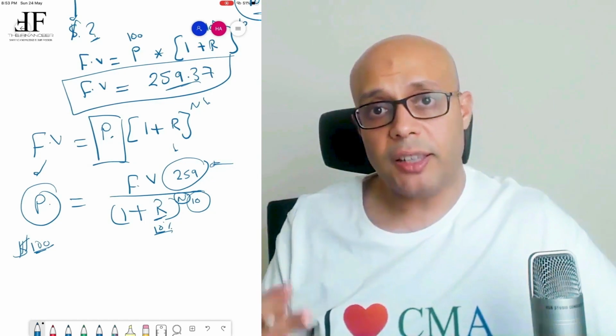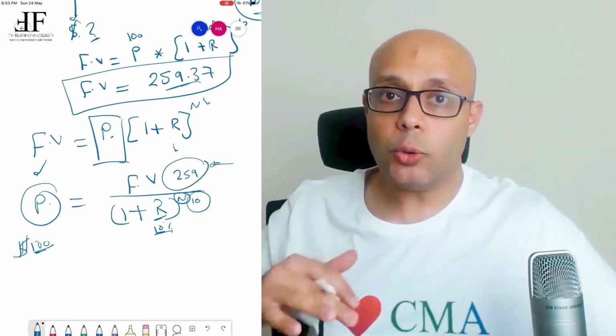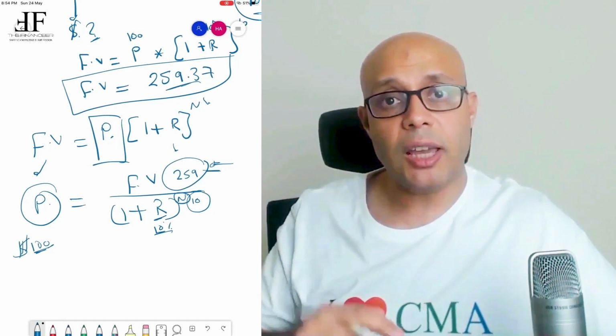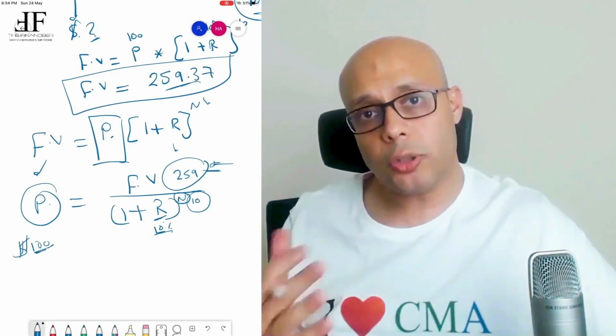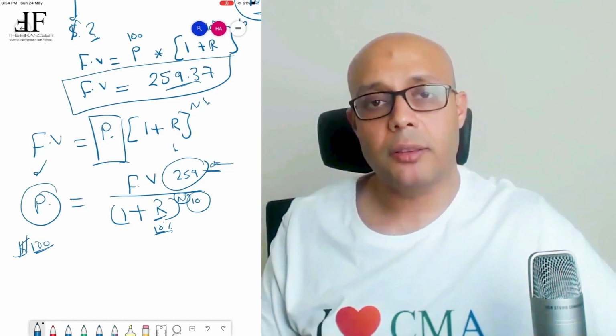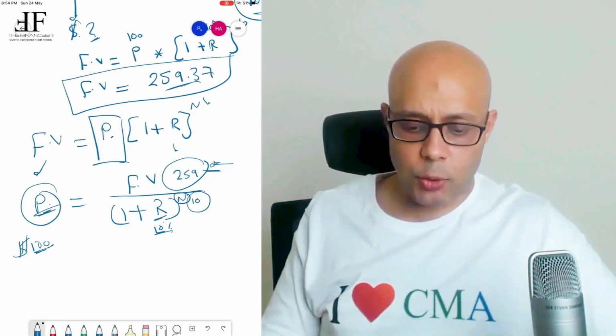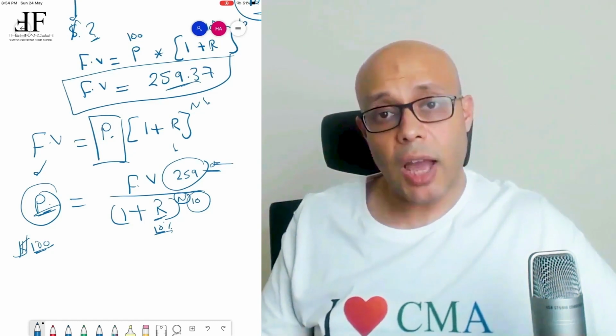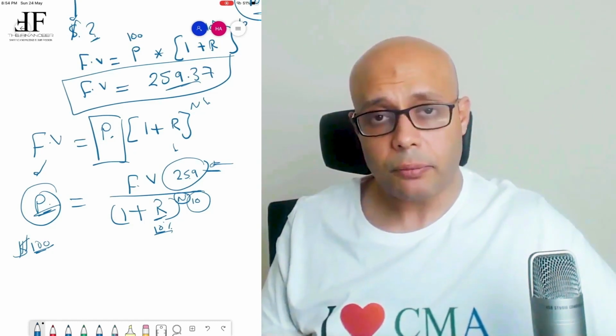The future value 259 is known to you, but you need to calculate the principal I need to deposit today in order to receive 259 in the future. So the principal equals the future value divided by 1 plus R to the power of N.